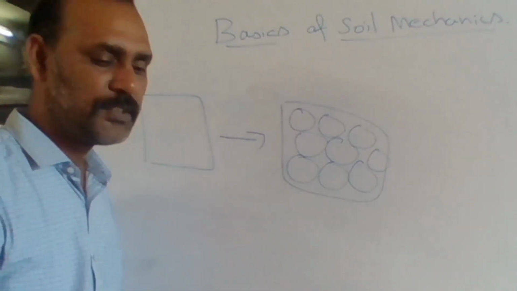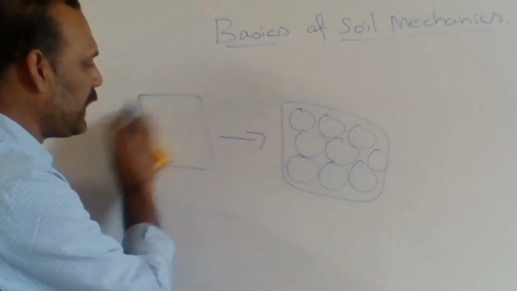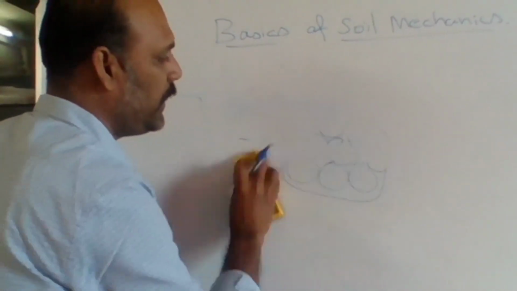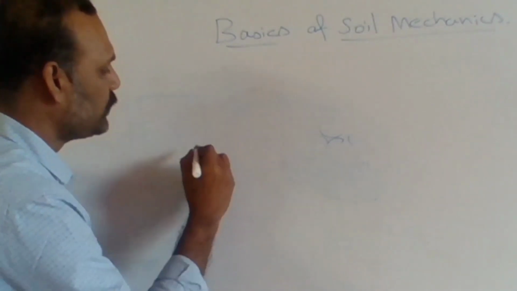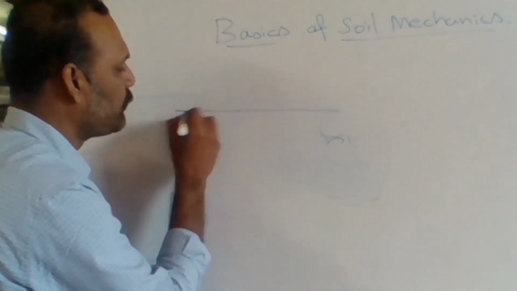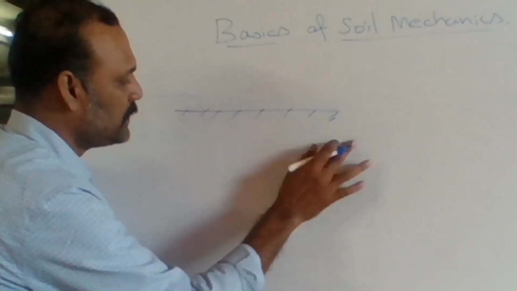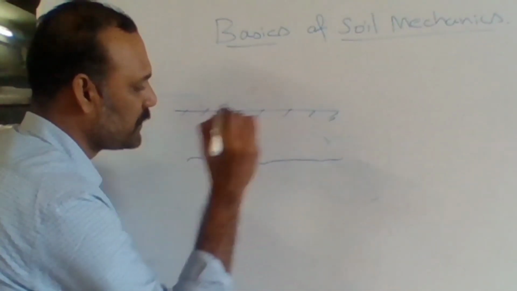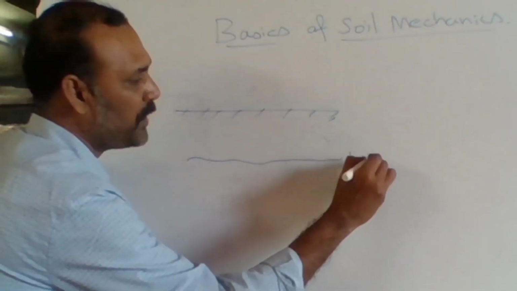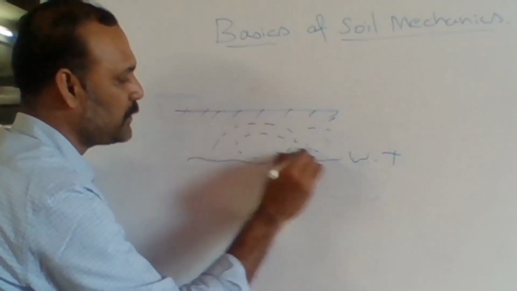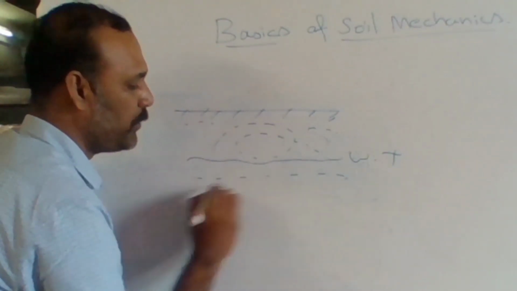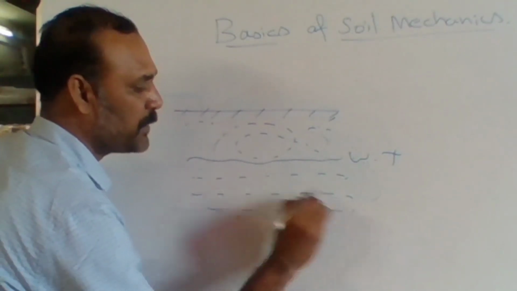Now I'm going to classify the soil in two ways based on the water table. This is the subsurface, and this is the water table. Above the water table some soils are present, and below the water table some soils are present.